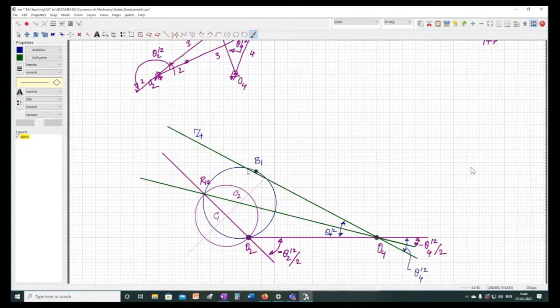Okay, B1 means, the length O4B1 is the follower length, and when you join this B1O2, that intersects this circle, the smaller circle at this point, right?